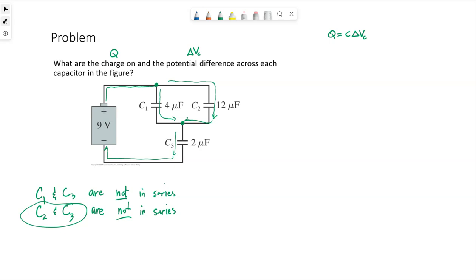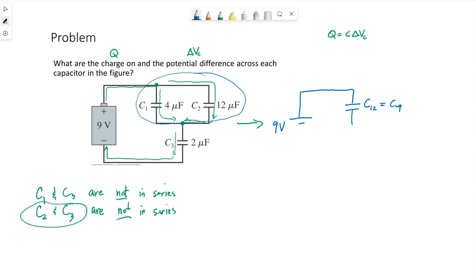So what we need to do is find an equivalent of C1 and C2. So we would still have our 9-volt battery, but we want an equivalent of the combination of C1 and 2. So I'm just going to call it C1,2.